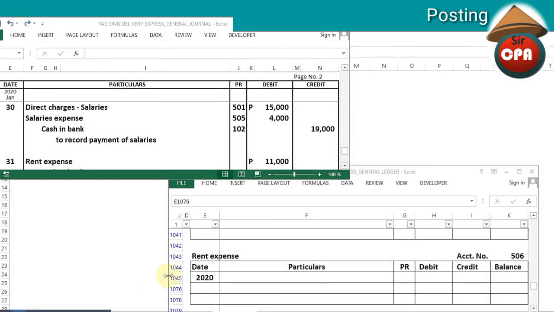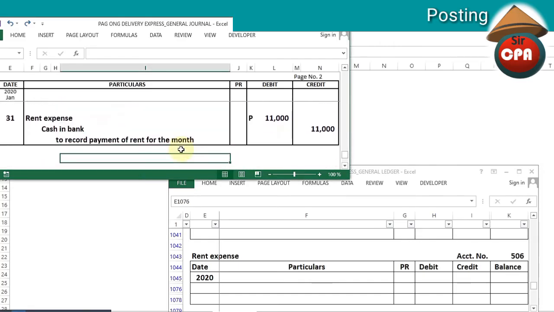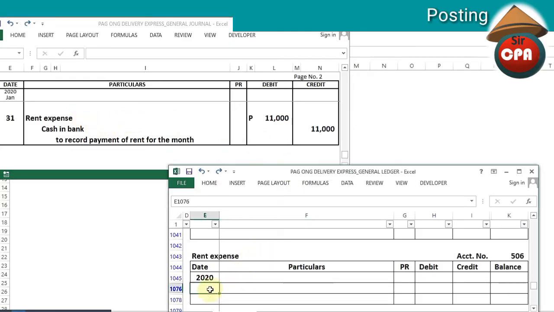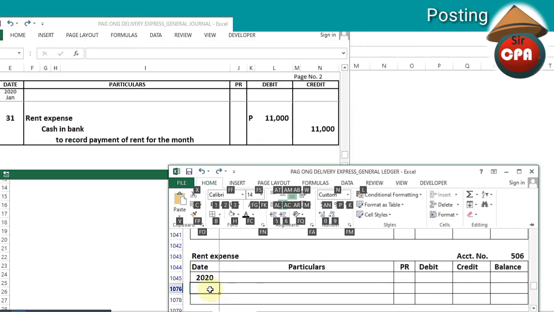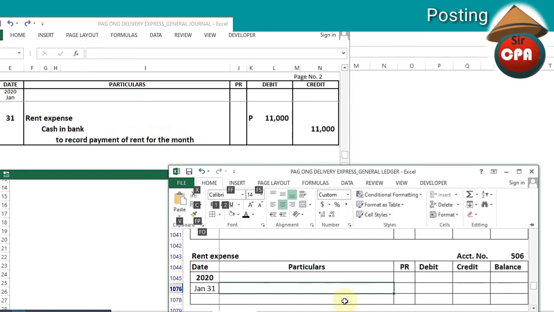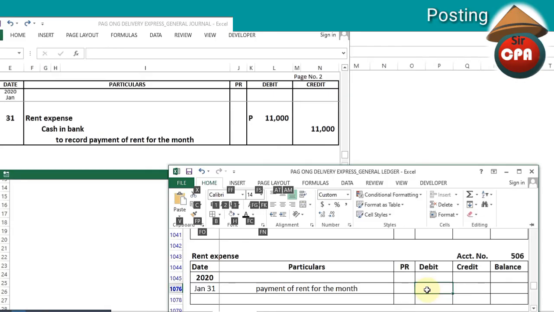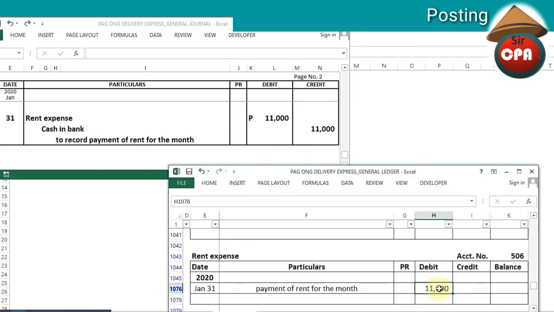Okay? And now, the last journal entry to transfer is the January 31. So, let's start with the rent expense ledger. We transfer the date, which is January 31. Then, for its particulars, we just copy again from the explanation. So, our particulars: payment of rent for the month. Then, the amount, which is 11,000 under the debit column, because it is also in the debit column in the journal.